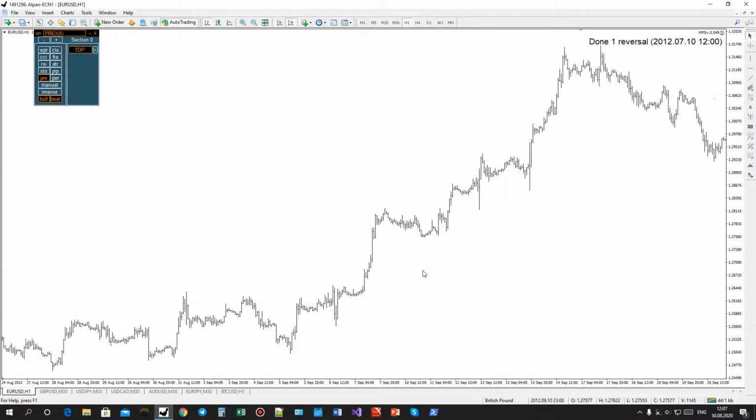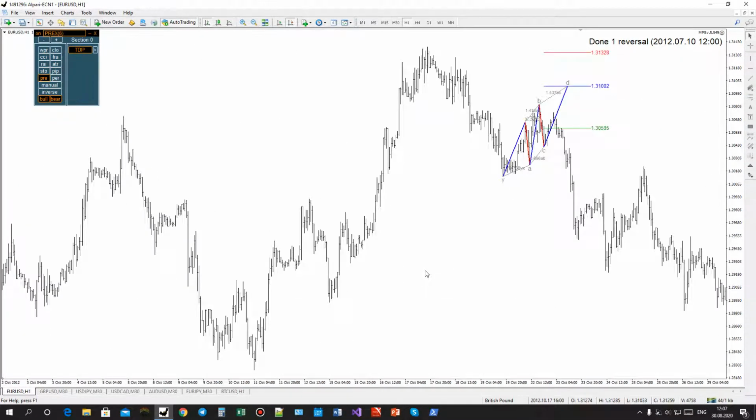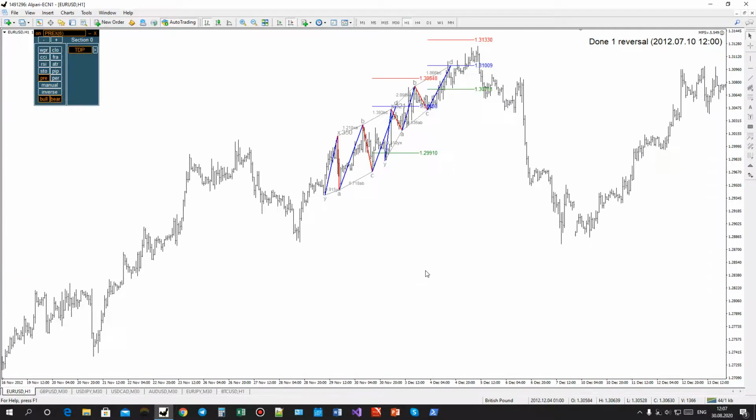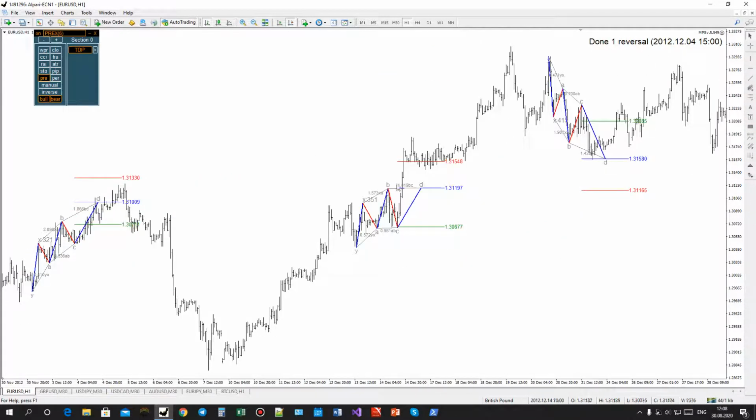Okay, didn't complete. This one was a loss and the second one was almost a win. Then it goes to stop loss and then it turns back, so it was a win.